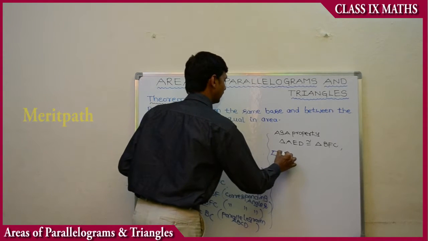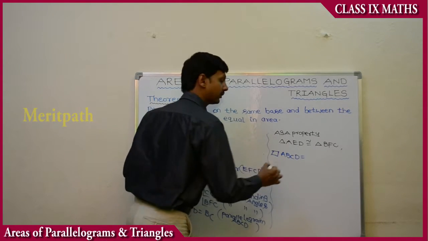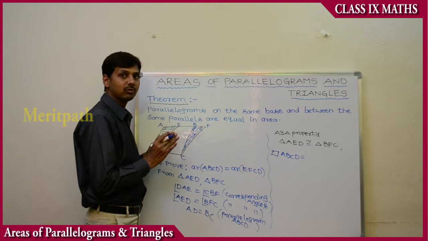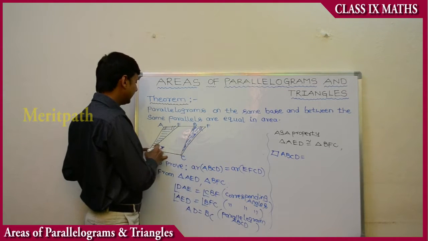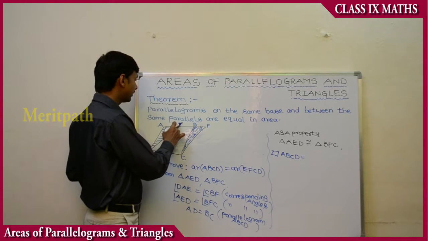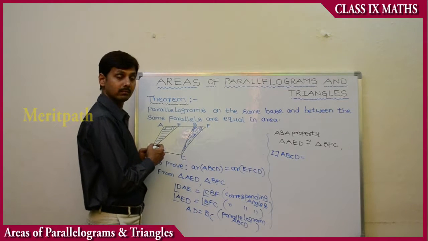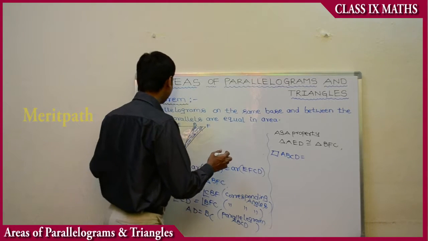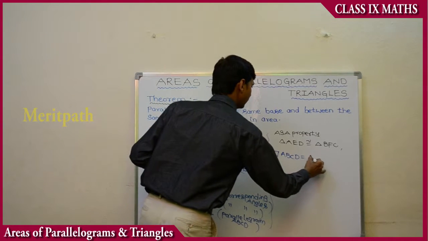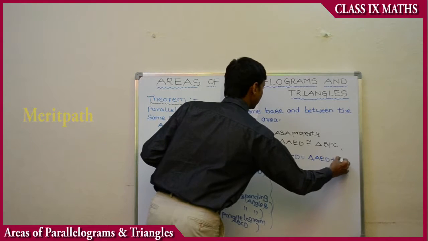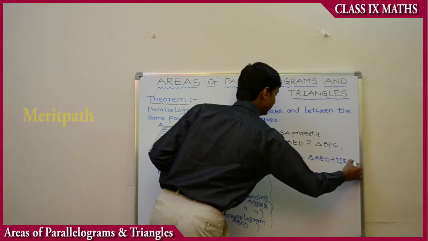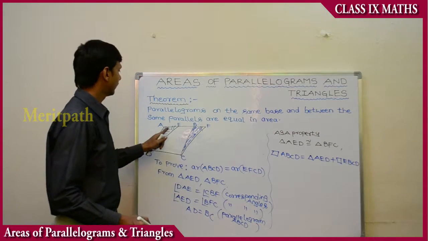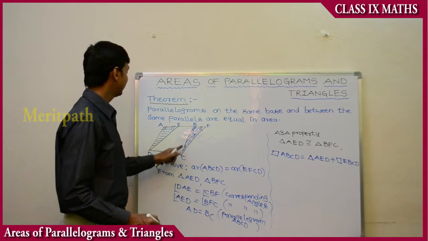The parallelogram ABCD is equal to the triangle AED plus the quadrilateral EBCD, or we can say this as BCDE.